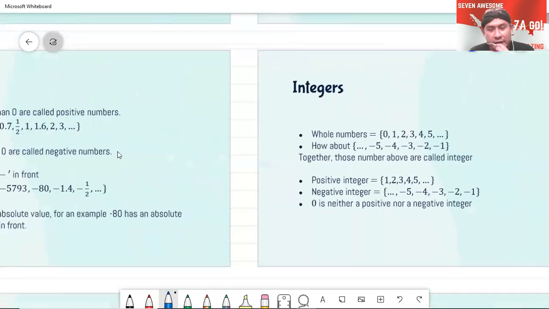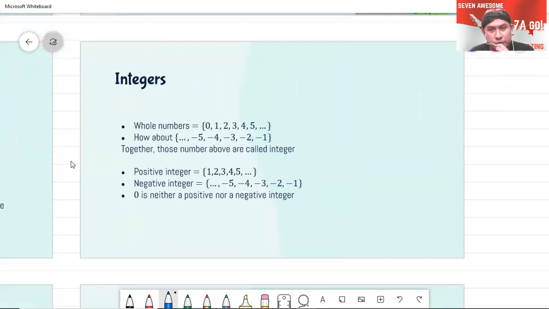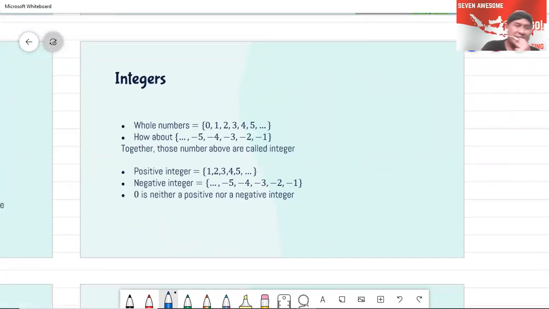After that, we learn about the integers. I can say that integers are anti-fraction or anti-decimals. The whole numbers and their negative counterparts, the combination of these, we call integers.